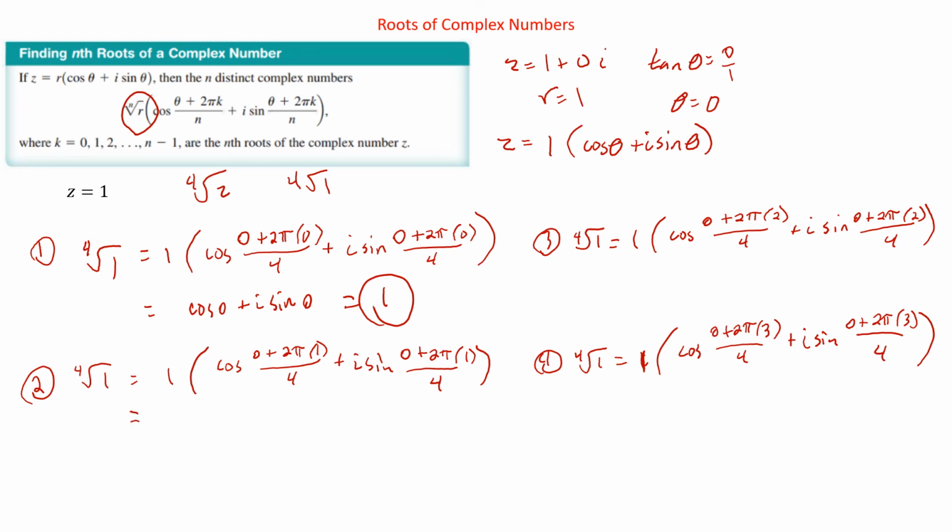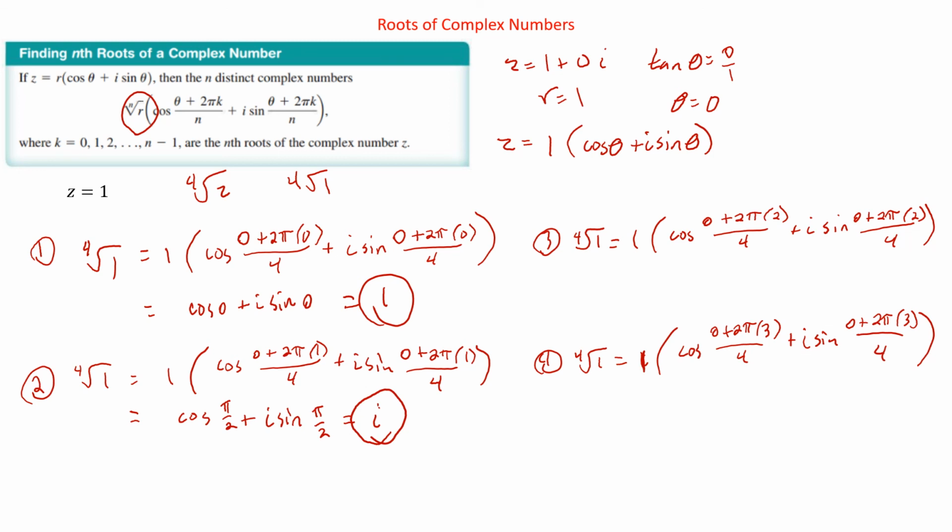So next one, cosine of 2 pi times 1 is 2 pi divided by 4, which is pi over 2. So cosine of pi over 2 plus i sine pi over 2. Cosine of pi over 2 is 0. Sine of pi over 2 is 1. And so this gives us 1i. Oh, i to the fourth power is also 1. Interesting.